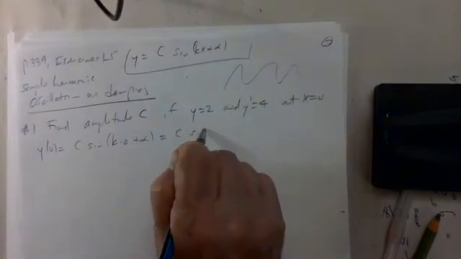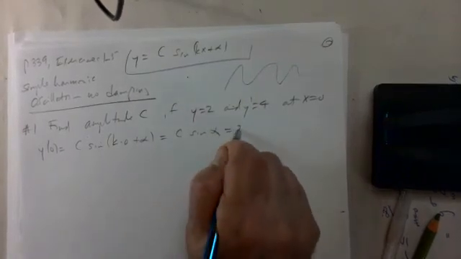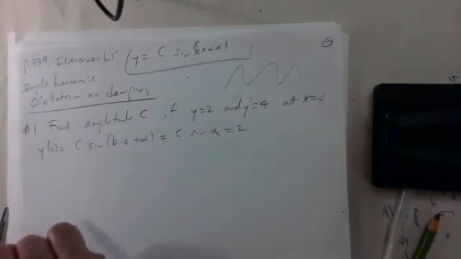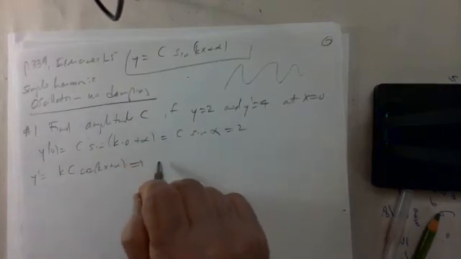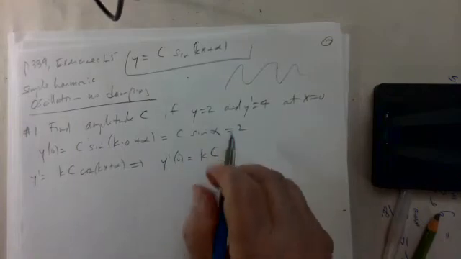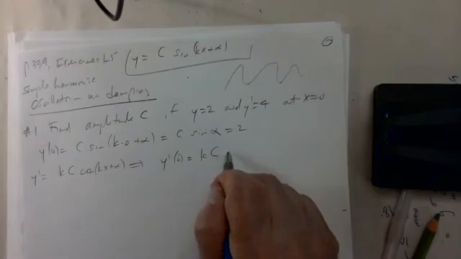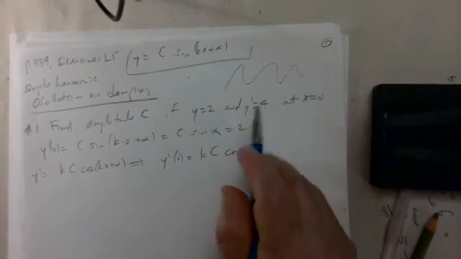That's c sine of alpha, which is equal to 2. If y is equal to this, y prime, when you differentiate, you get kc cosine of kx plus alpha. So y prime of 0 is kc times the cosine of alpha, and that's equal to 4.